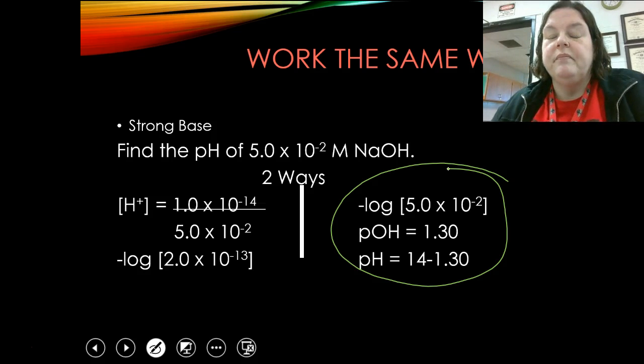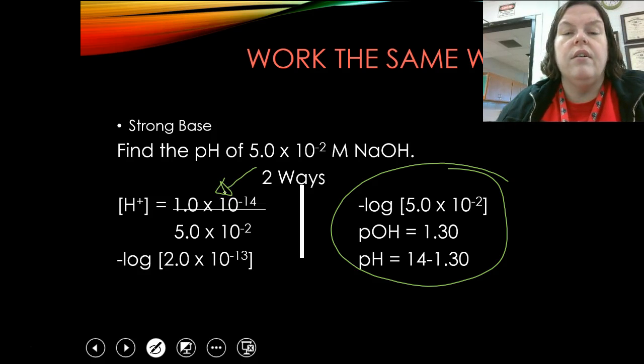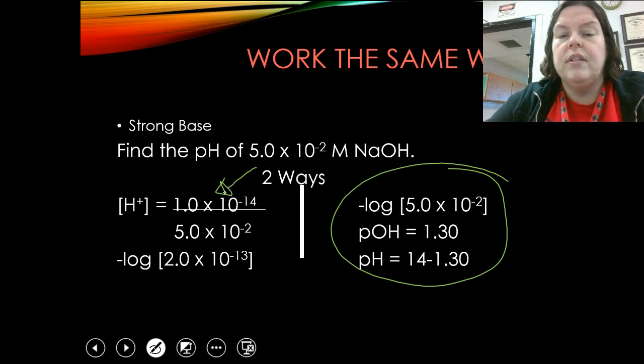This way is just kind of rigmarole from the Kw, using the concentration of the water and working backwards through that. I prefer this way right here. This way makes more sense to me.